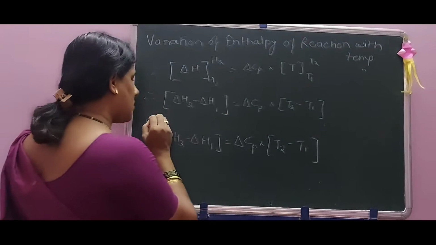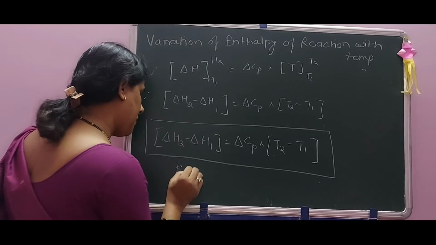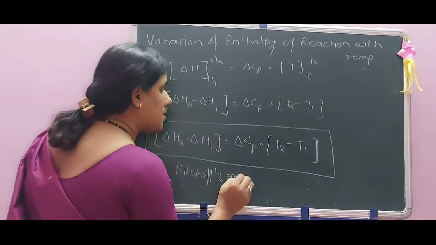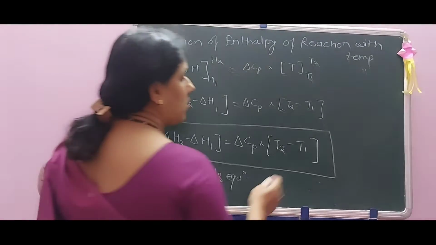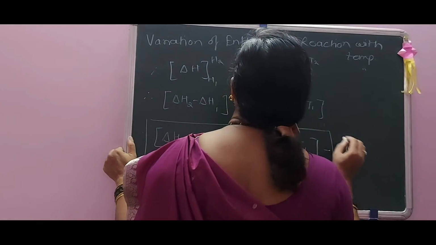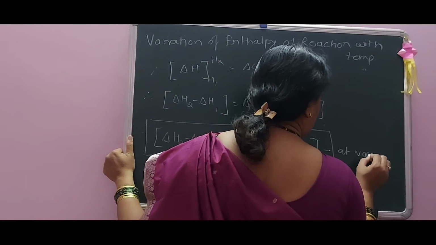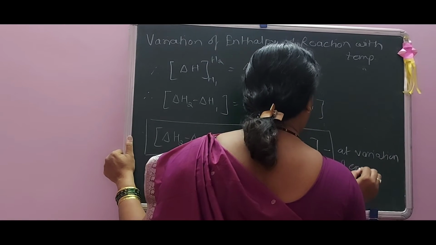This is known as Kirchhoff's equation, by which we get the variation of enthalpy.